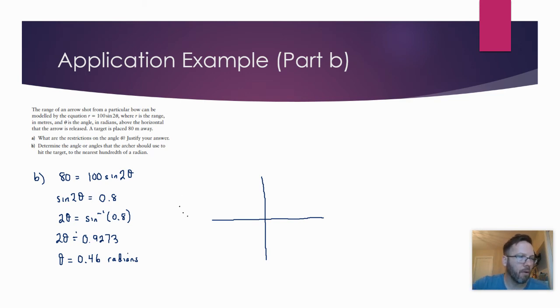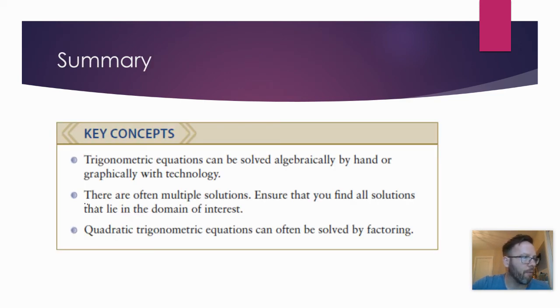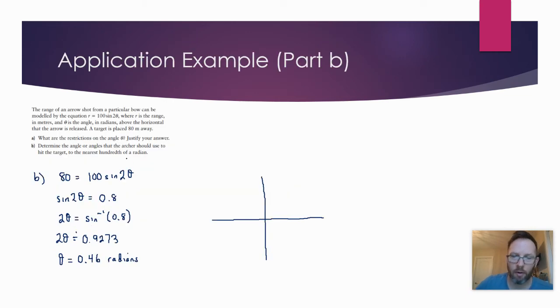So that is lower than pi over 2. So that's somewhere in this quadrant.